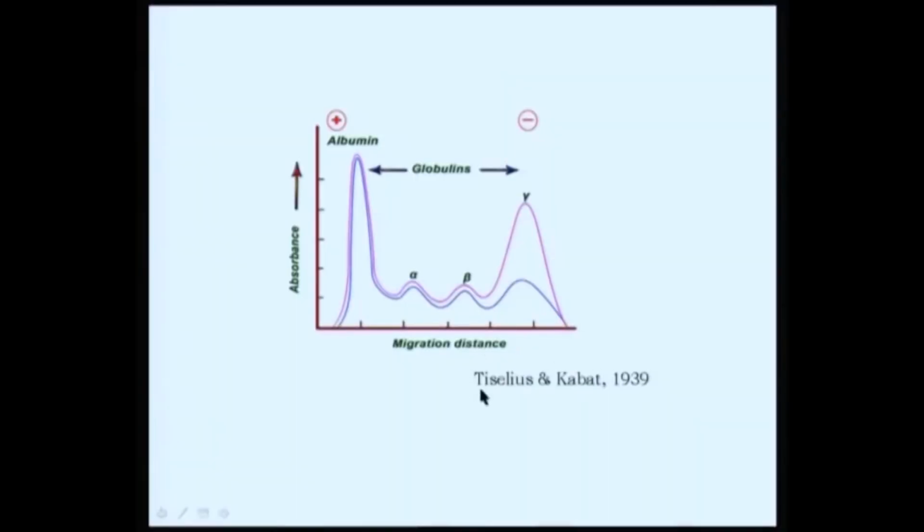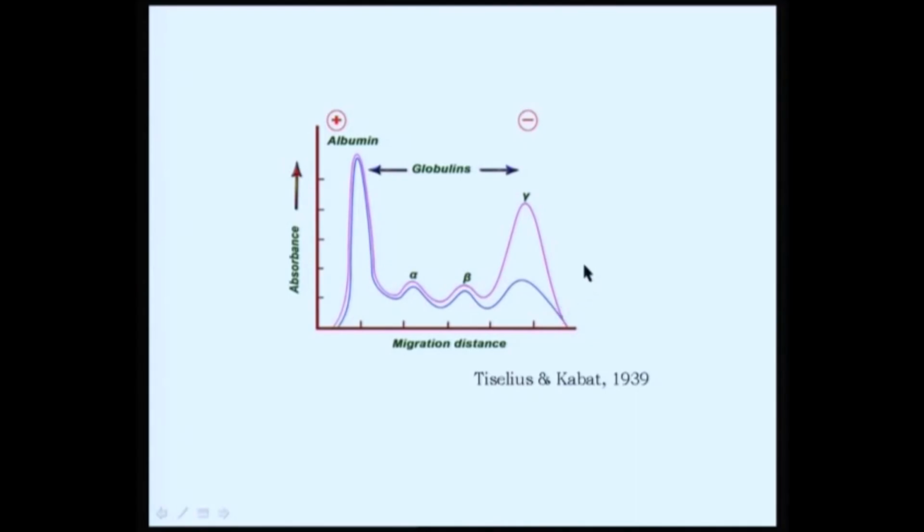People since then were trying to identify what is this molecule or what are these molecules that participate in the humoral immune response. It was around 1939 that Tiselius and Kabat were the first to report that this component, antibody, is present in the gamma globulin fraction of the serum.